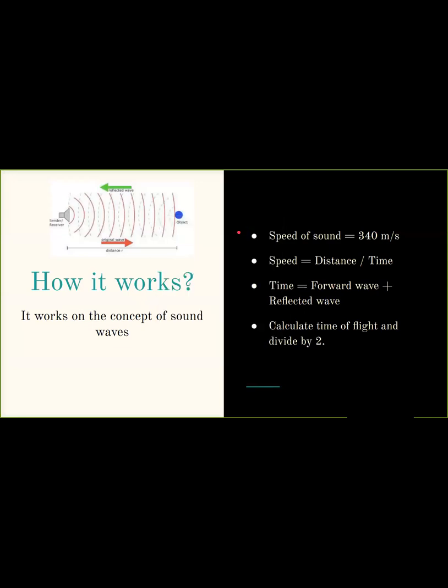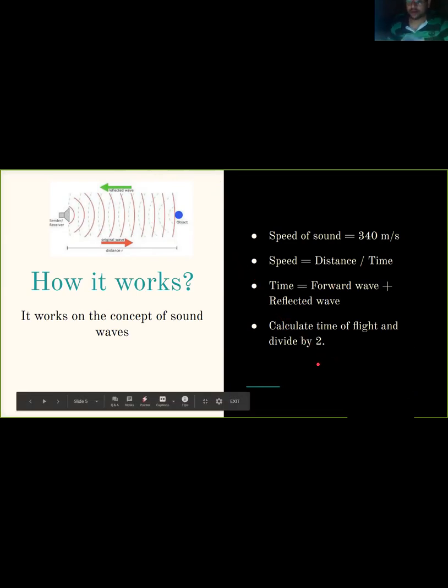Now, what is the advantage of finding the distance between my transmitter and an object? Suppose I have a dustbin. If I can place this sensor on top of my dustbin, I will show you one example over here. Say this is my dustbin.